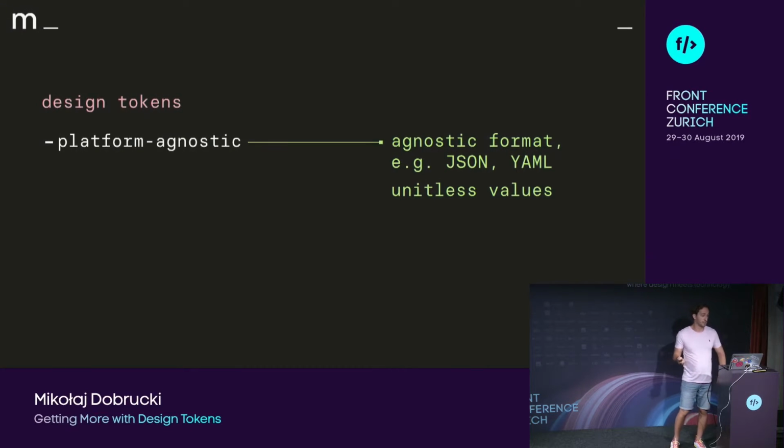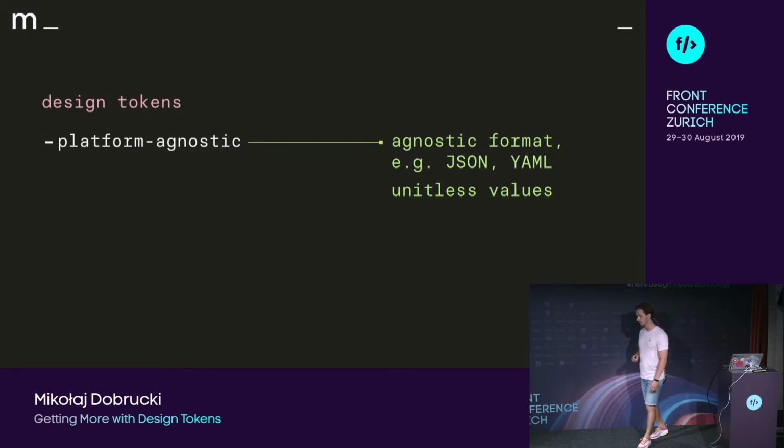Good options are, let's say, JSON or YAML. But it also means that those tokens should be stored in a way that is easily translated into different units for different platforms. So let's say we rather don't use ems, rems, and even pixels for design tokens. It's much more convenient to think about design tokens in terms of spacing and sizing ratios. So we just keep unitless numbers and then we translate them into different units.